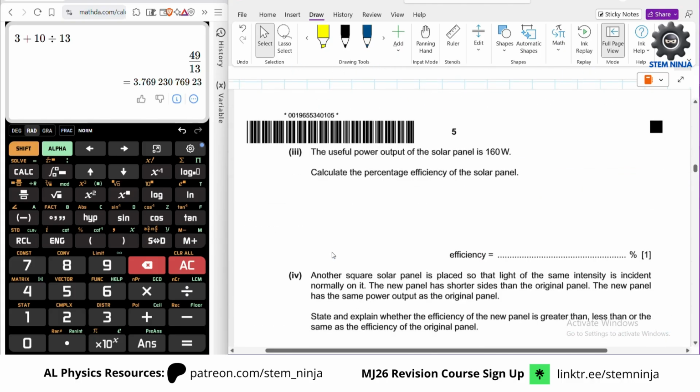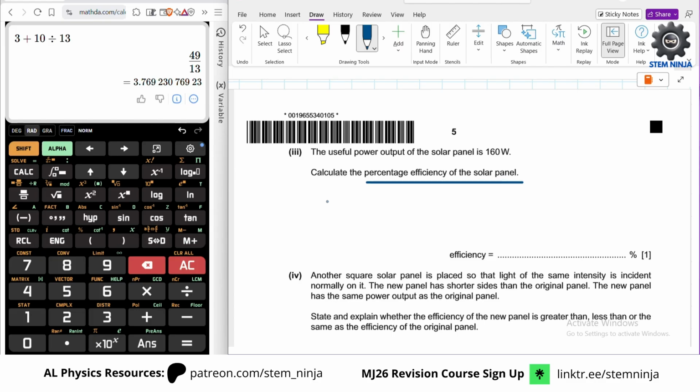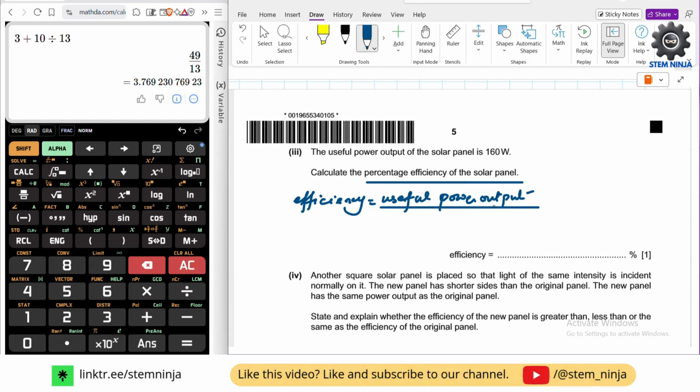Right, okay. The useful power output of the solar panel is 160 watt. Calculate the percentage efficiency of the solar panel. So we know that the efficiency is the useful power output over the total power input.